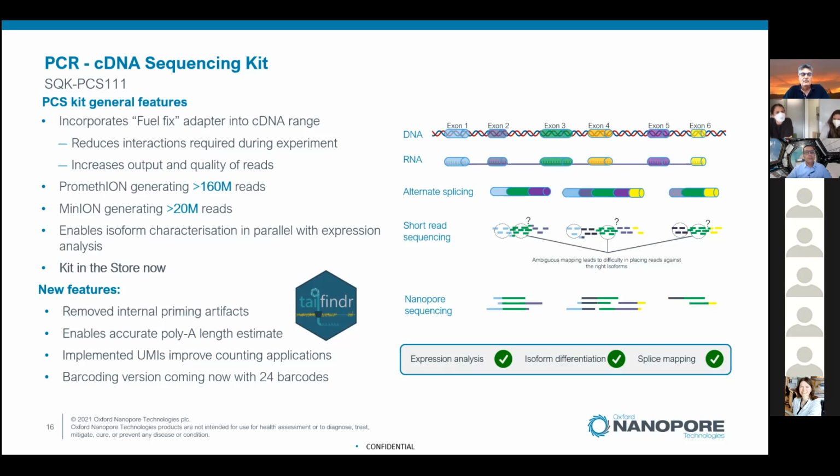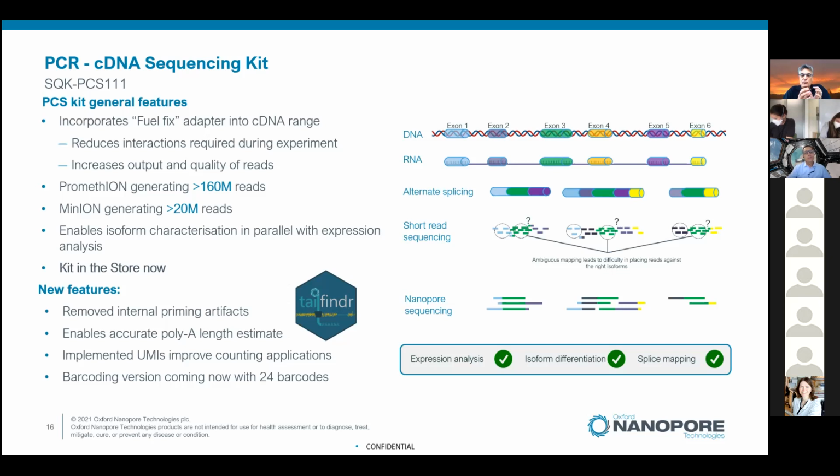I won't explain the details of that now, but it means you get a lot more reads from a sequencing run. You get well over 100 million reads from a PromethION and well over 15 million reads from a MinION. Those figures are best in class. They're what we can achieve internally sometimes, but you definitely get up towards those in the real world. And these are all full-length transcripts, so it's incredibly useful data.